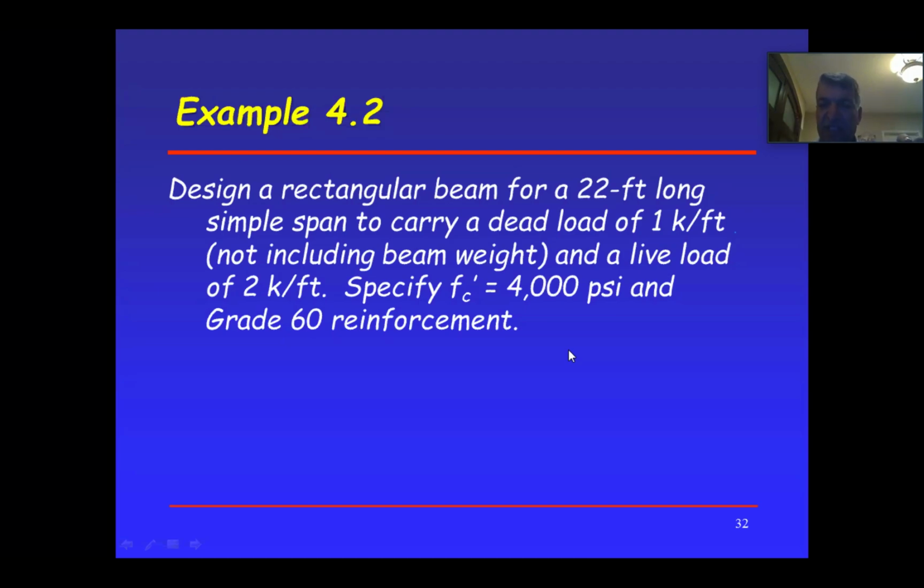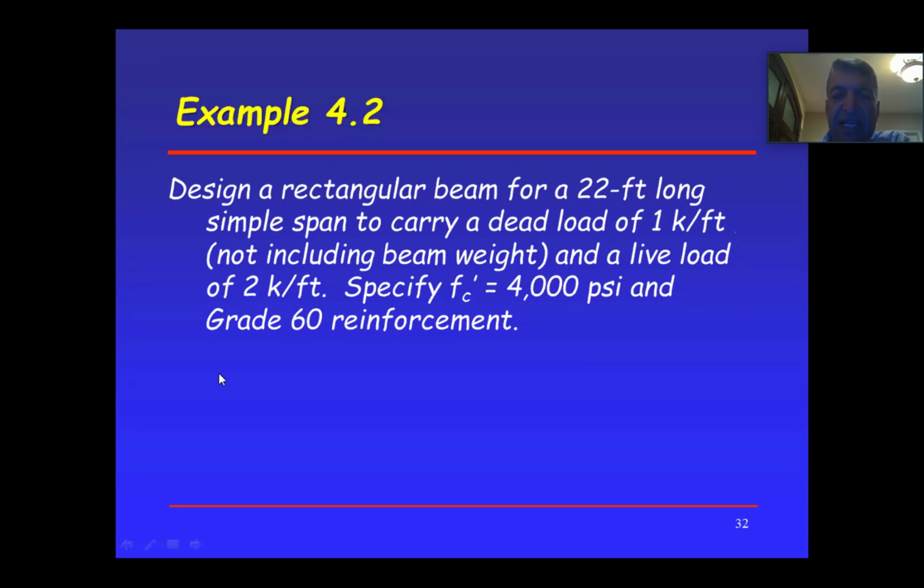But the live load is the people coming in and out of the building, the furniture going in and out of the building. That's the live load. You will always have those loads, dead load and live load. Is that clear? Yeah, that makes sense. Okay, very good. But not all the time are you going to have wind or seismic or snow, but you will always have dead load and live load.